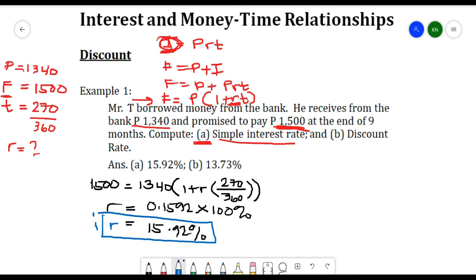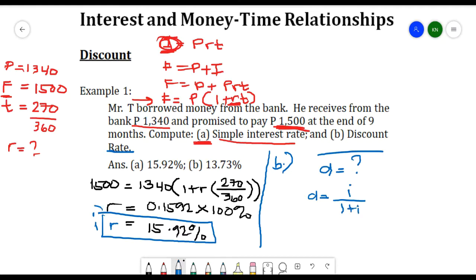Now let's move on to solving letter B, which is the discount rate. Meaning we need to find the D. Earlier we had the formula D is equivalent to I all over 1 plus I. Since we already know our I, we can just substitute that here. So we have 0.1592 all over 1 plus 0.1592.